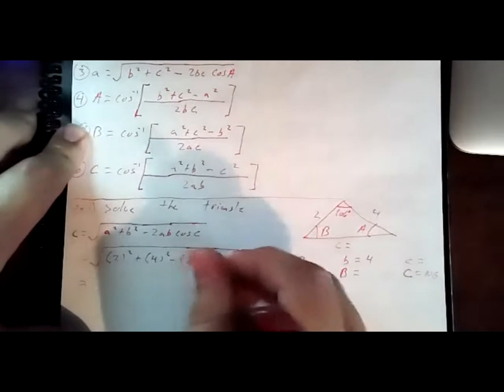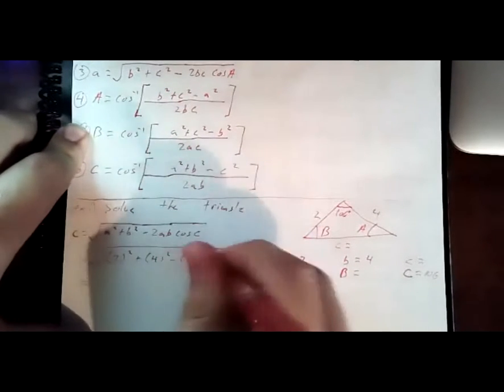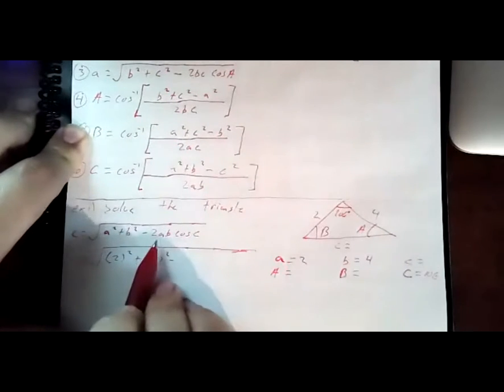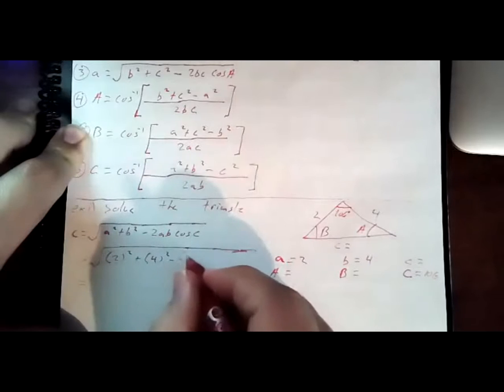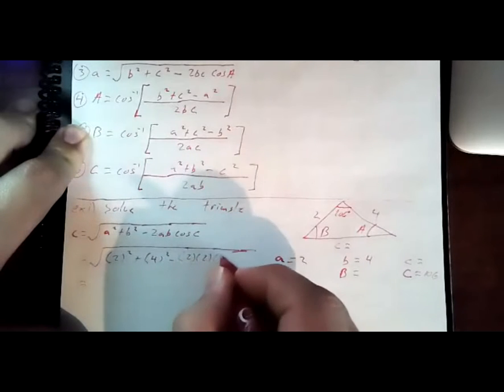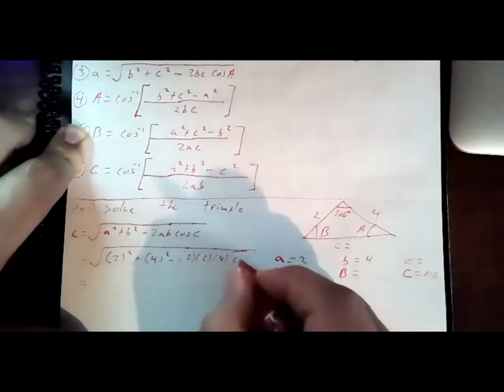It's 2 times 2 times 4. I forgot there's a built-in 2 in there. The 2, 2, 4 cosine of 106.